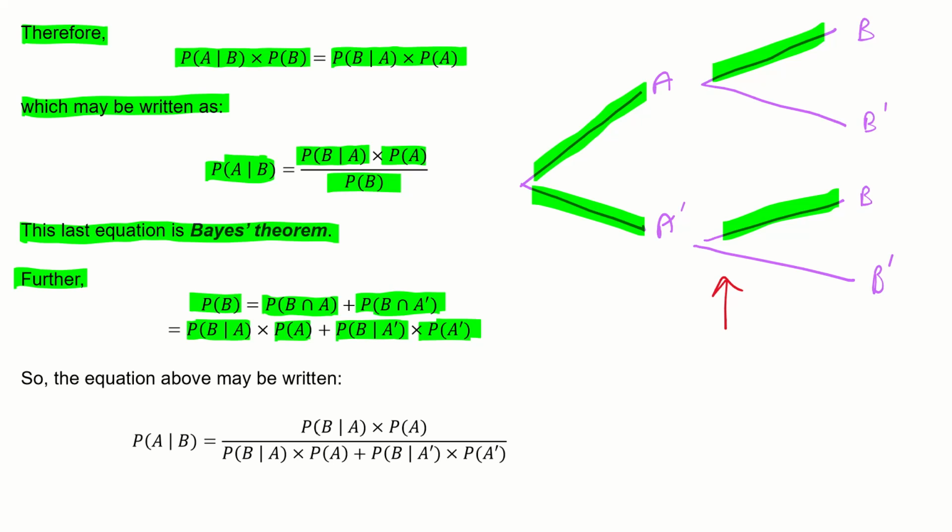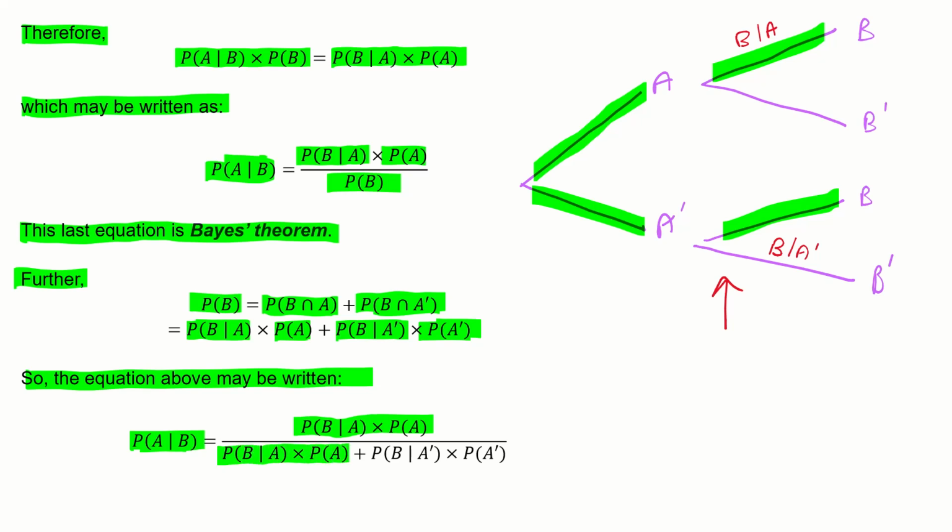So this one here being B given not A, and this one here being B given A. So the equation above may be written, probability of A given B is the probability of B given A times the probability of A, and then the probability of B is the probability of B given A times the probability of A, plus the probability of B given not A times the probability of not A. And we used this in one of our earlier examples.